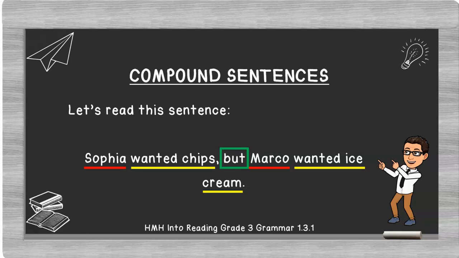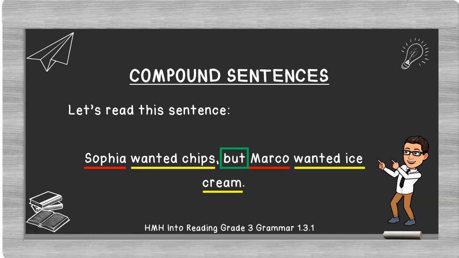Another sentence is, Sophia wanted chips, but Marco wanted ice cream. And if I look at this sentence, there's a lot of words here. I see that I have a subject, which is Sophia, and the predicate, wanted chips. Then I have this word, it's in the green box, the word but, that's a conjunction.